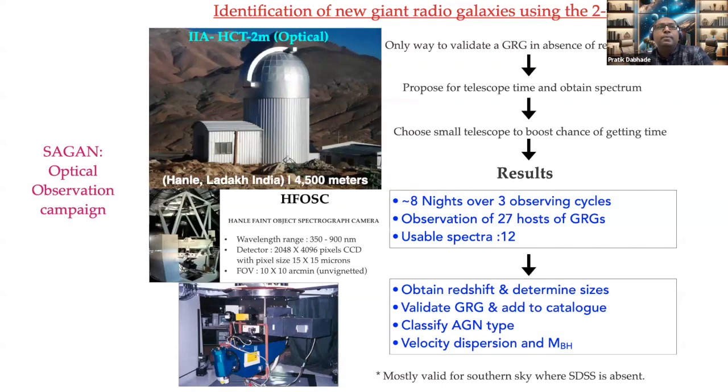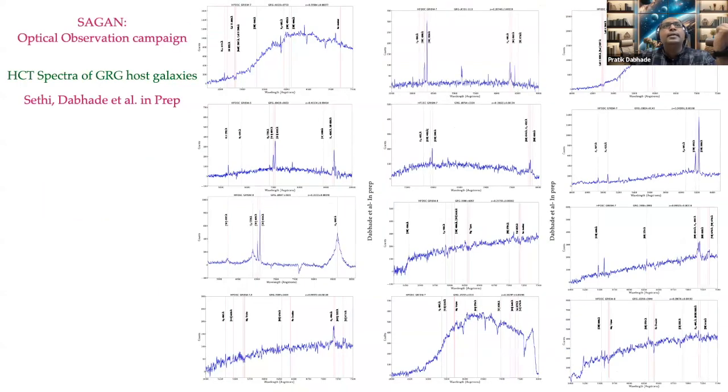So we did our best to write a convincing proposal and spend several nights observing and getting some spectra, because without redshift, we don't have the co-moving distance and we can't measure the size. This is a work in progress with a collaborator in Poland itself. There is much more work coming out of this, which will be shown in future.